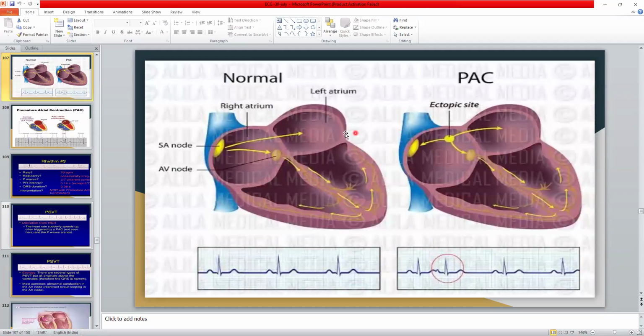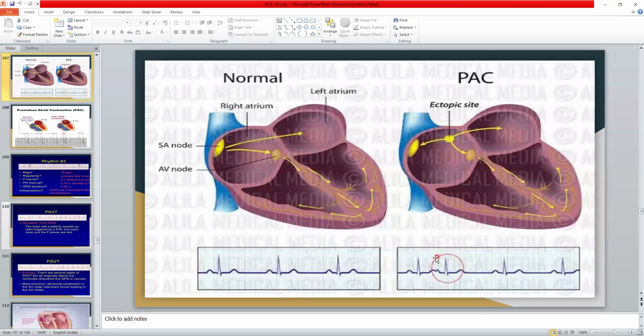Here you can see this is the normal conduction pathway from the SA node to the AV node and bundle of His. Here the cardiac impulses are transmitting to both the right atrium and the left atrium. But in premature atrial contractions, there is an ectopic site you can see here. Other than the SA node, this ectopic site is also generating cardiac impulses.